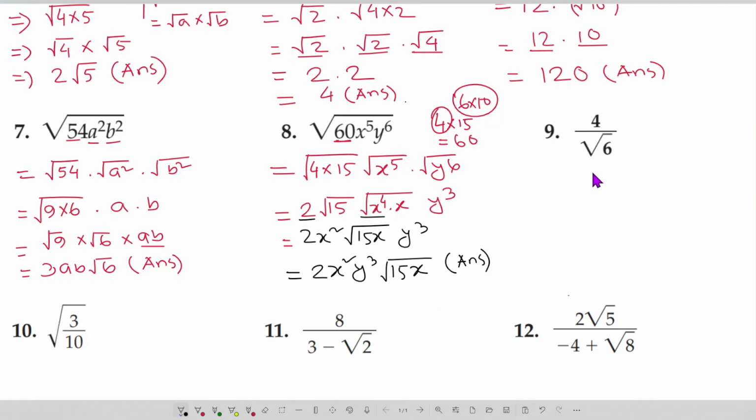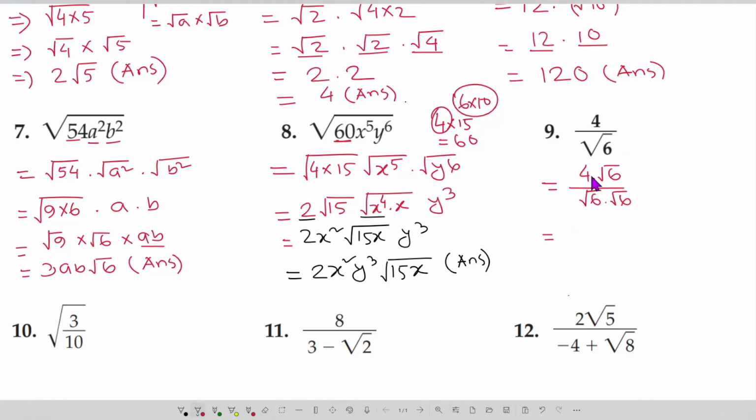Next one, 4 divided by root 6. In the denominator we will not keep any root, so we write 4 times root 6 over root 6 times root 6. That means we are multiplying this fraction by root 6.